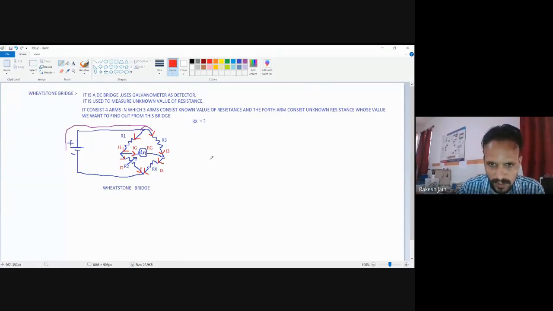I am talking about this R1, this R3, and this galvanometer, which create a closed path. This one is my closed path.